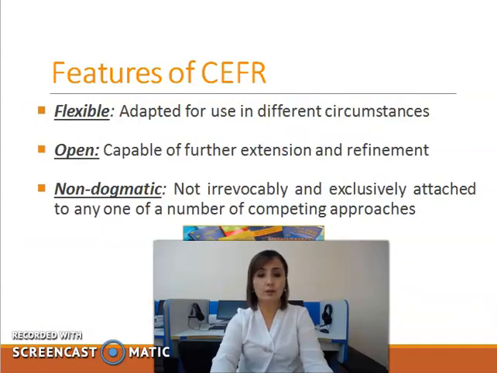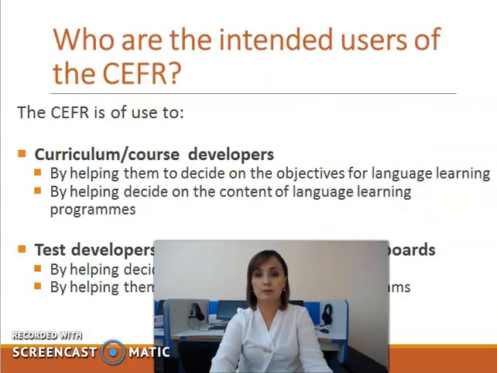The next feature of CEFR is flexible, adapted for use in different circumstances. The next feature is open, capable of further extension and refinement. And the next one is non-dogmatic, not irrevocably and exclusively attached to any one or a number of competing approaches.